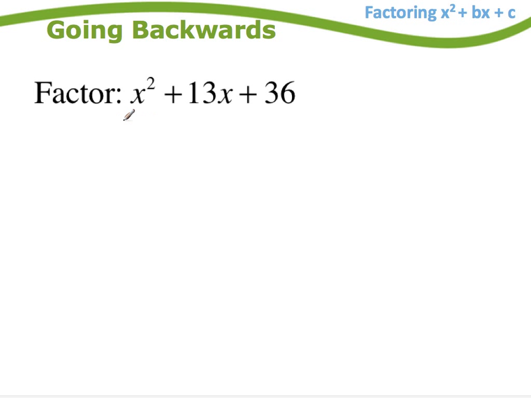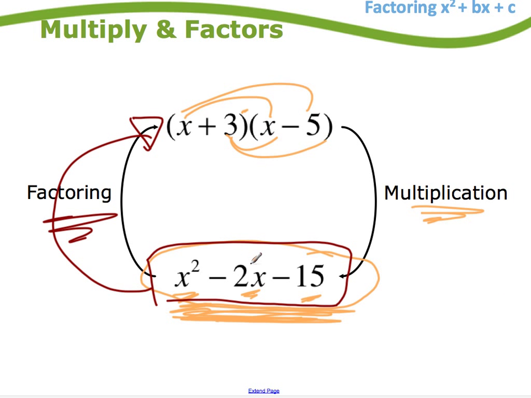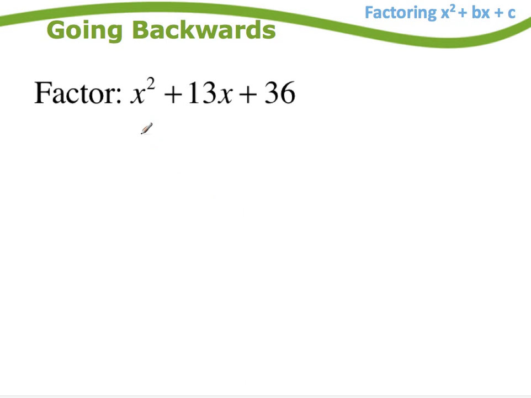So here's a trinomial. I was just looking at this one, and it's not too bad when I've got it multiplied out. You can sort of see what the factors were to begin with. But as soon as you go to a new question, this is a little bit tougher. So we need to find some way of factoring this.